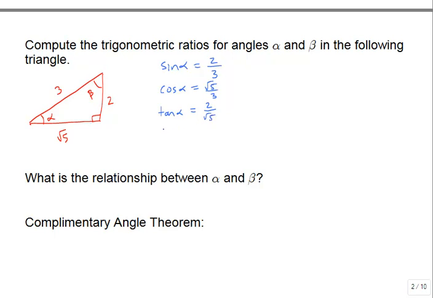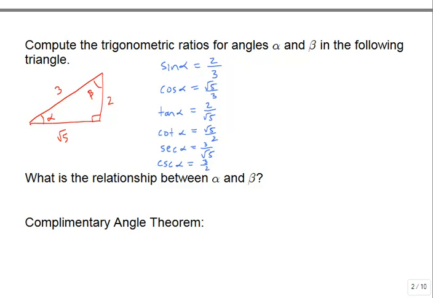Cotangent of alpha would be the reciprocal of tangent, so root 5 over 2. Secant of alpha would be the reciprocal of this cosine value, so 3 over root 5. And the reciprocal of sine is cosecant of alpha, so that would become 3/2.